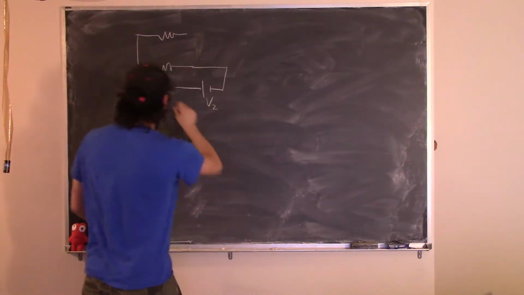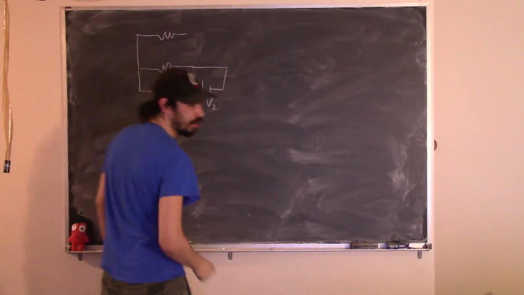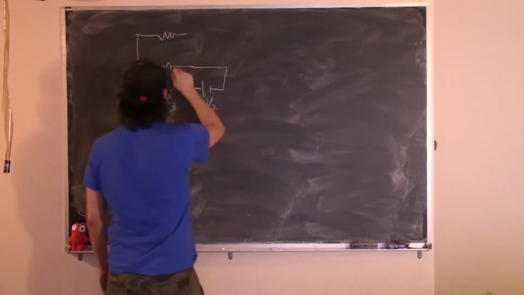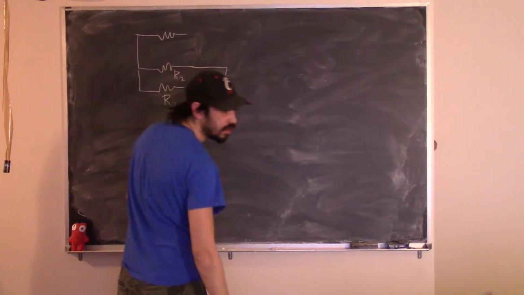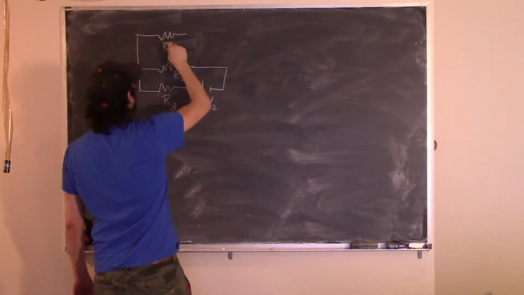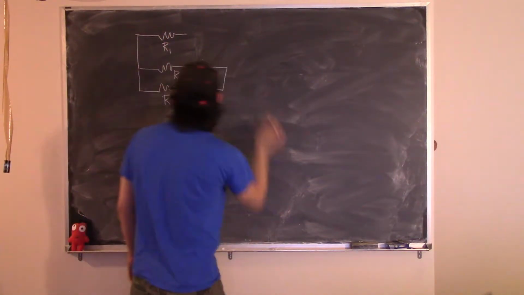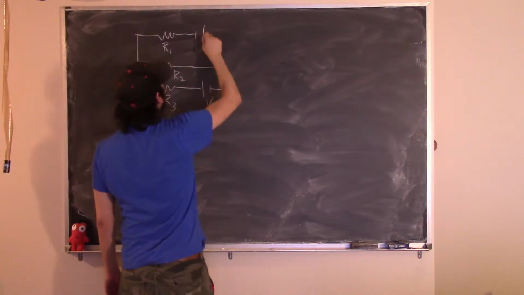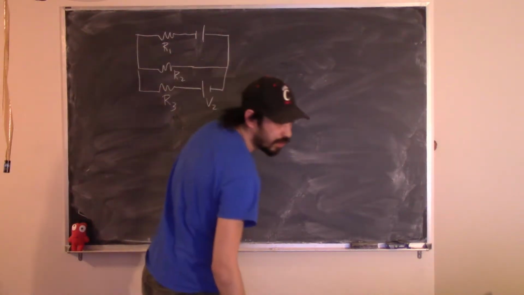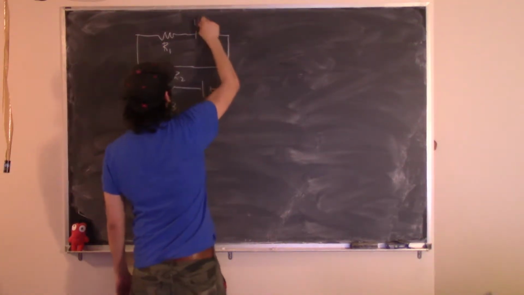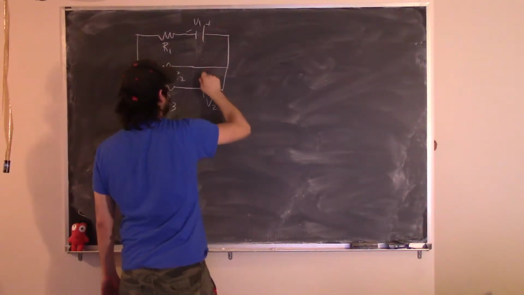And then this was a resistor R3, this was a resistor R2, and then this was a resistor R1. And then this was a battery with some V1, this is a minus plus, plus minus.